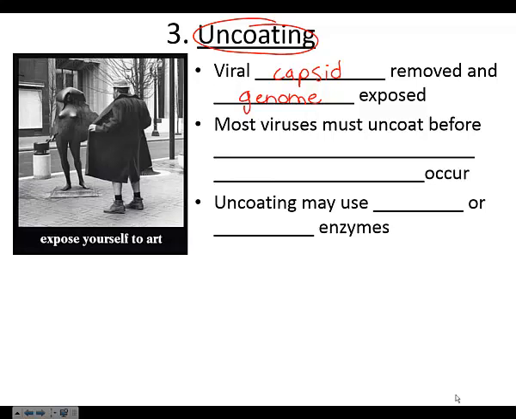Most families of viruses must uncoat before replication of the viral DNA or RNA, transcription of viral mRNA, and translation of viral proteins can occur. Viruses may use their own enzymes or hijack the host's enzymes to break down the capsid and activate their genetic information.